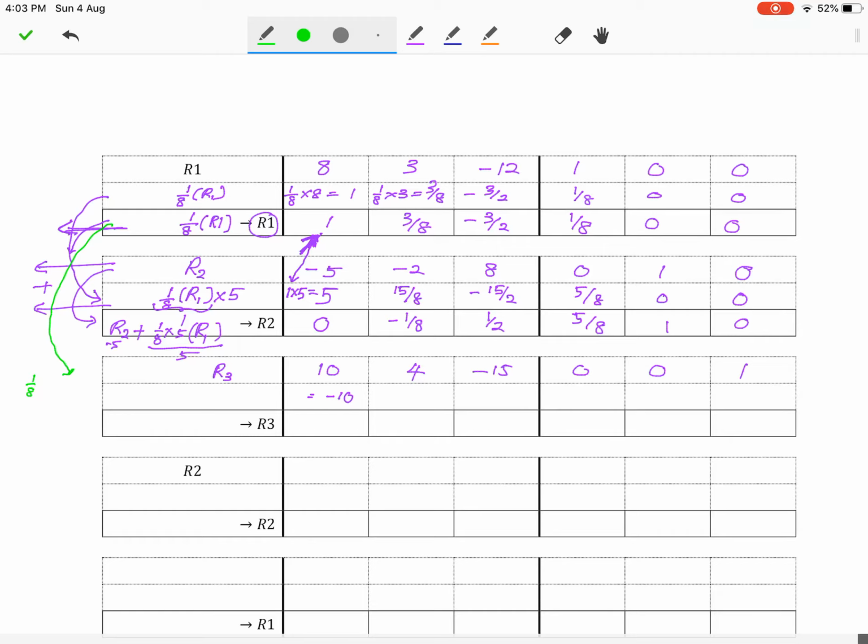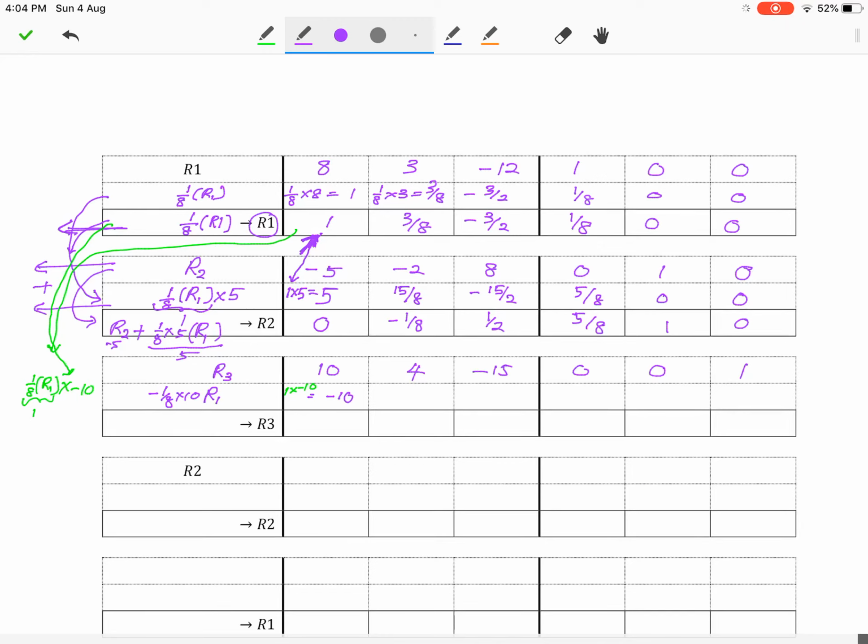So which is 1 over 8 R1 multiplied by negative 10, because technically this one is 1 in this same column. So I have 1 times negative 10 here. So instead you can write down negative 1 over 8 multiplied by 10, I just bring the negative to the front, multiply by R1.